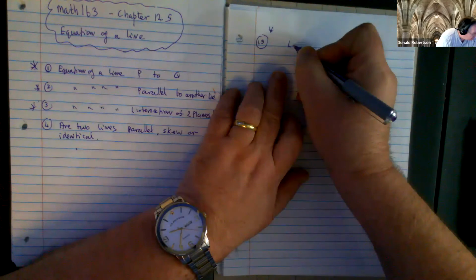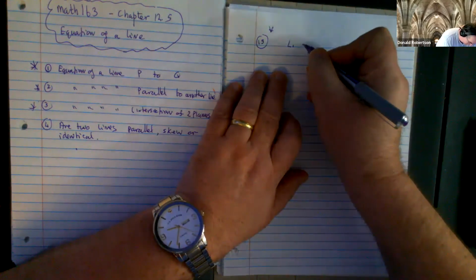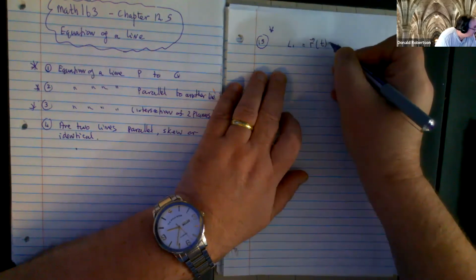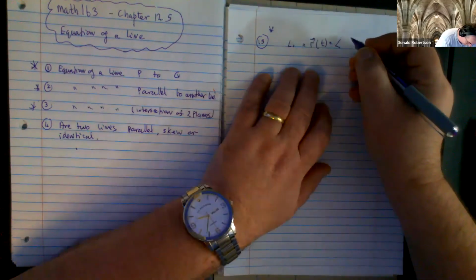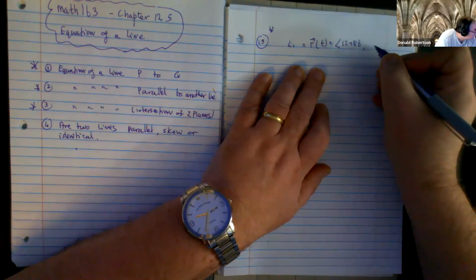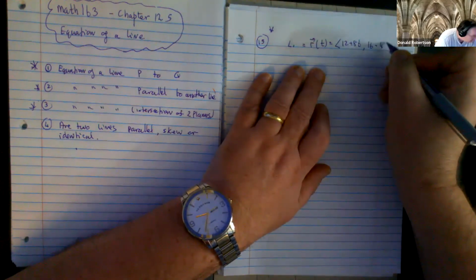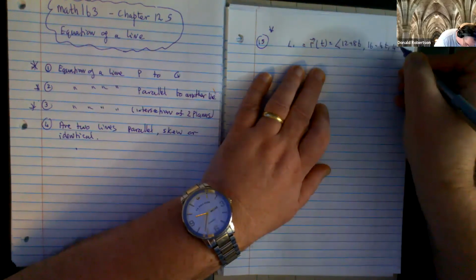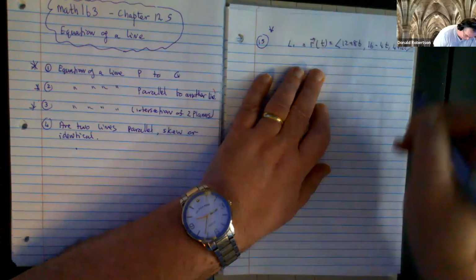And I don't like the way they've written the equation, but that's fine. We've got a line L1, and it's R of t. And I'm writing it down the way I prefer to write these. I like the space curve notation.